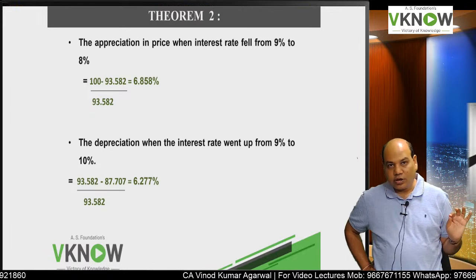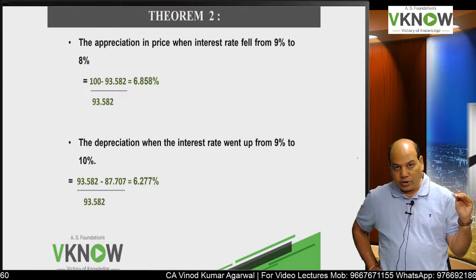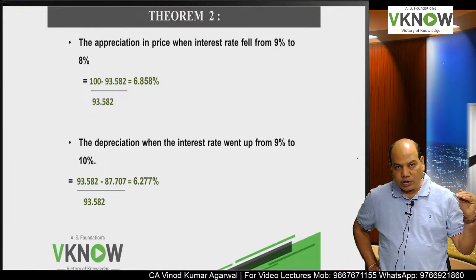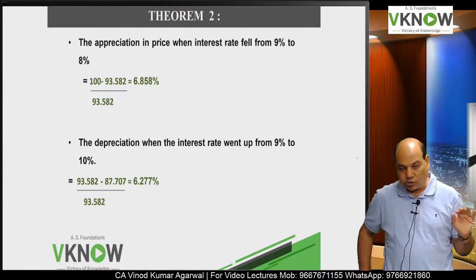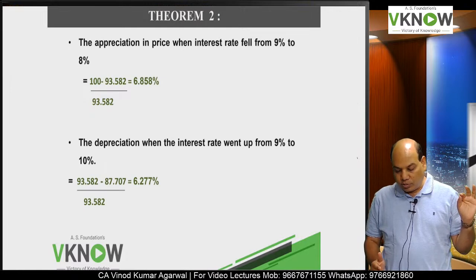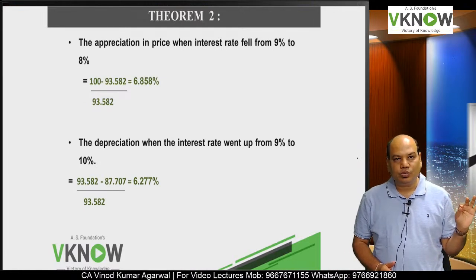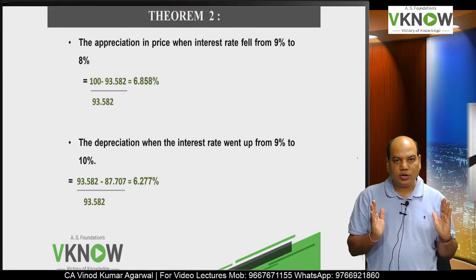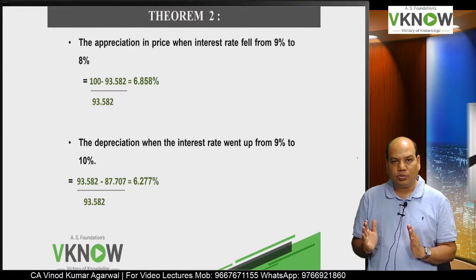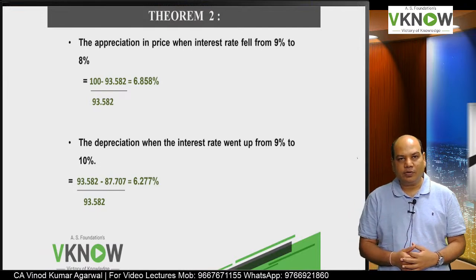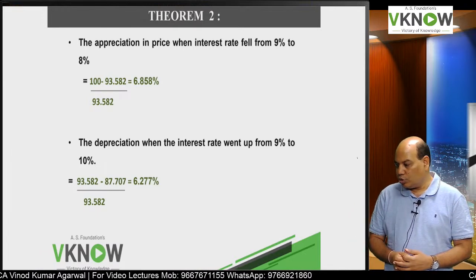Go to your earlier table. When interest rate goes down from 9% to 8%, the bond price has gone up from 93.58 to 100 rupees. So the change in the bond price is 100 minus 93.582 divided by 93.582, convert into percentage, multiplied by 100.